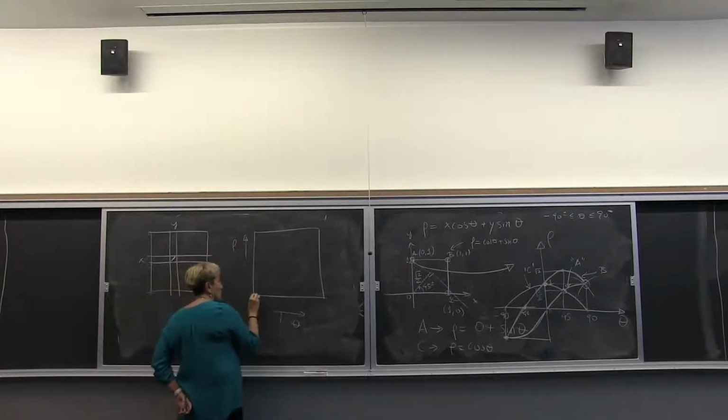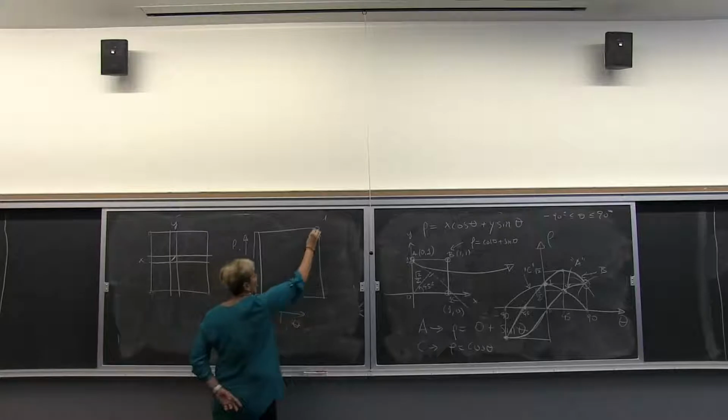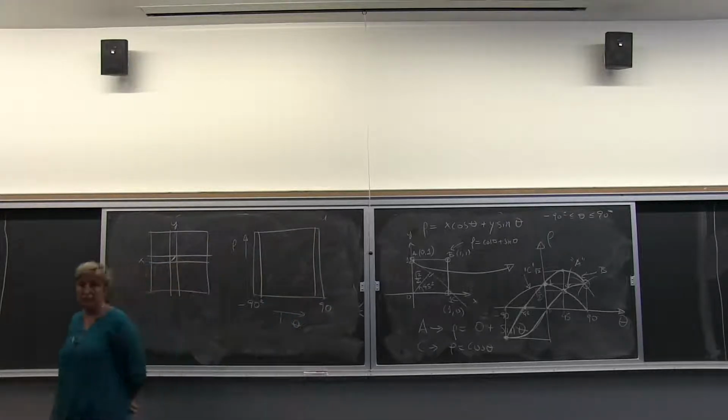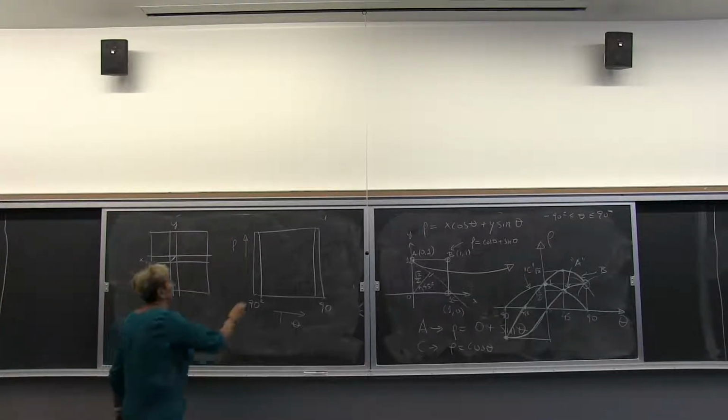The first column represents minus 90 degrees, and the last column represents plus 90 degrees. How many columns am I going to have? Well, it's up to me. I'm going to discretize this 180 degrees, so I'm going to set a delta theta, let's say every 5 degrees.